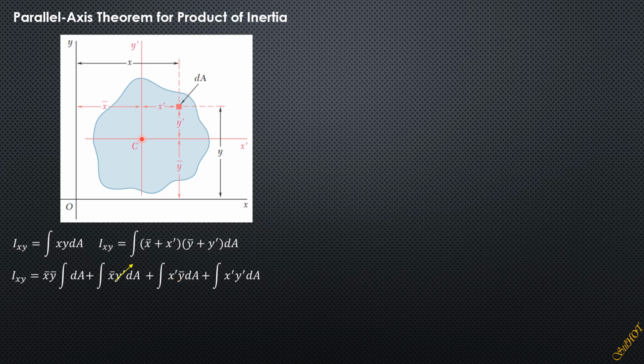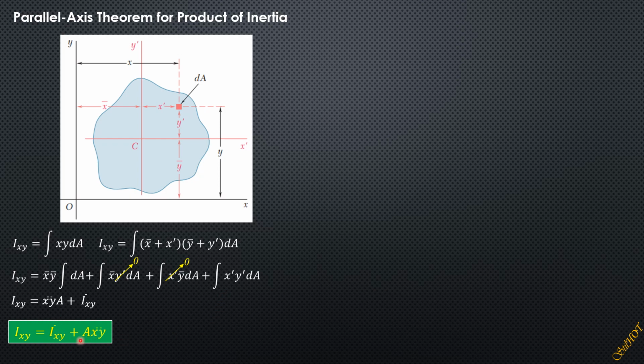It passes through the centroid. Simplifying, Ixy therefore is barred x barred y times area plus I barred xy. Lastly, Ixy equals I barred xy, the centroidal product of inertia, plus area times barred x barred y.